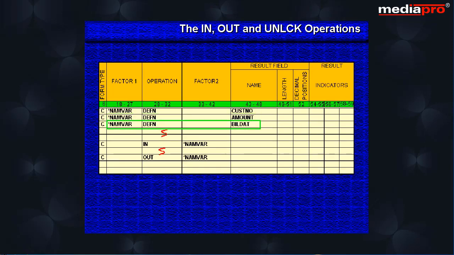When accessing multiple data areas from within a program, you can read and write all the data areas in a single operation by specifying *NAMVAR in factor 2 of the IN and OUT operations.